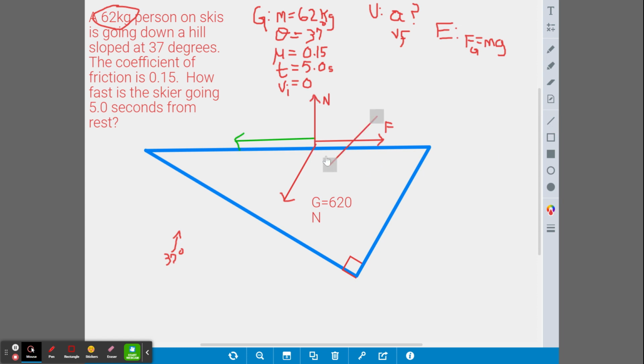And we can call that the y component, the up and down, or the y component of gravity, because on a graph, your y-axis is your vertical up and down axis. All right. So this right here, this component of gravity, will be equal and opposite to the normal force.